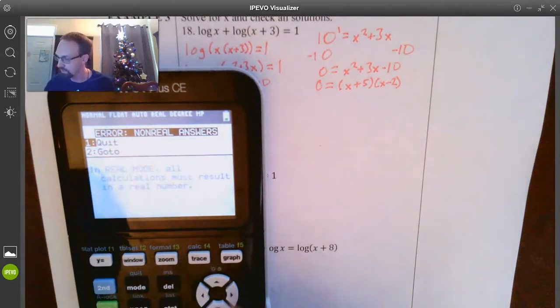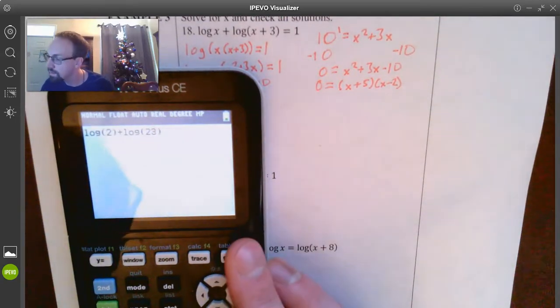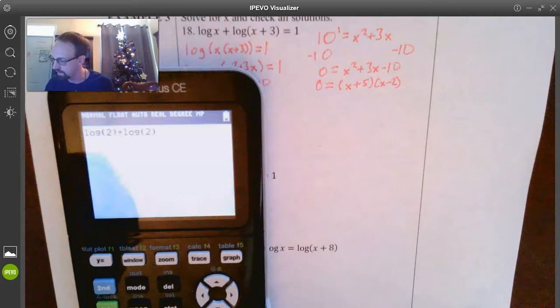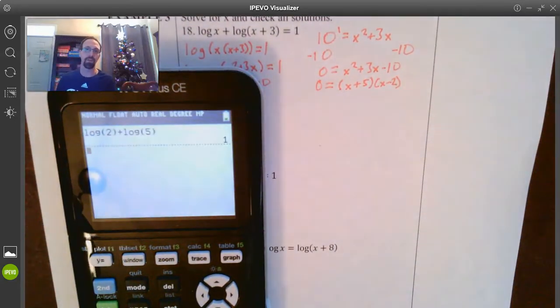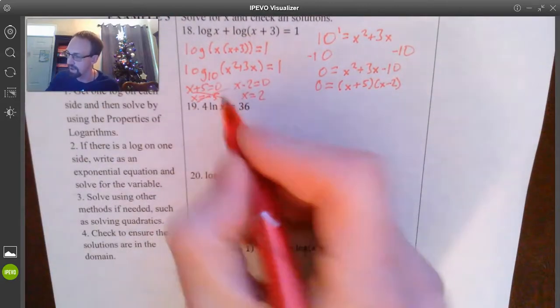The only way that this works is if instead I have just 2. So now I check: 2 plus 3 is 5. I should end up with 1, and I in fact do end up with 1. So I know that 2 is a solution, and negative 5 is not.